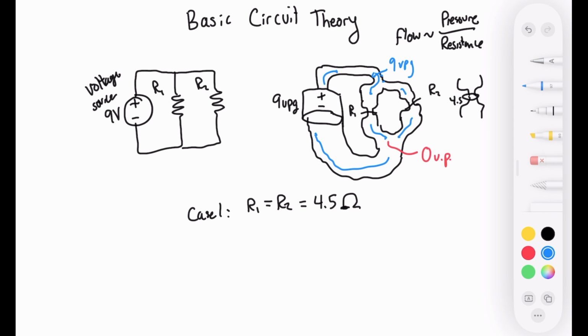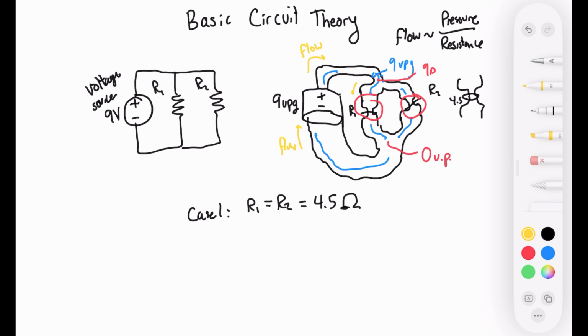In our case, the pressure is decreased whenever we encounter resistance. At this point, we still have 9 units of pressure that must be dissipated across R1 and R2. Whatever my flow is coming in, it's going to be divided among these paths.